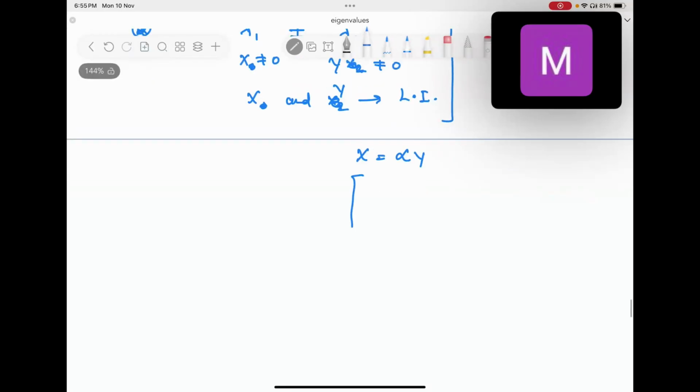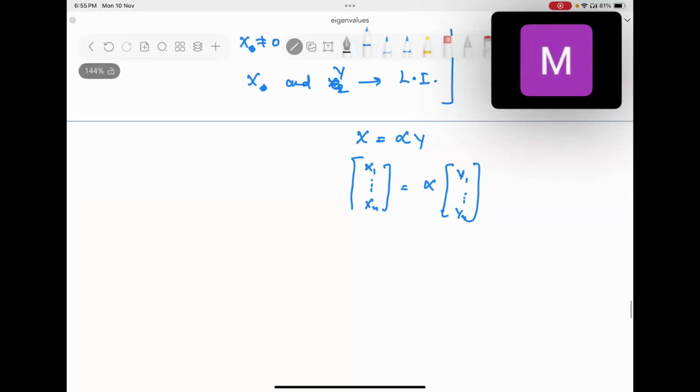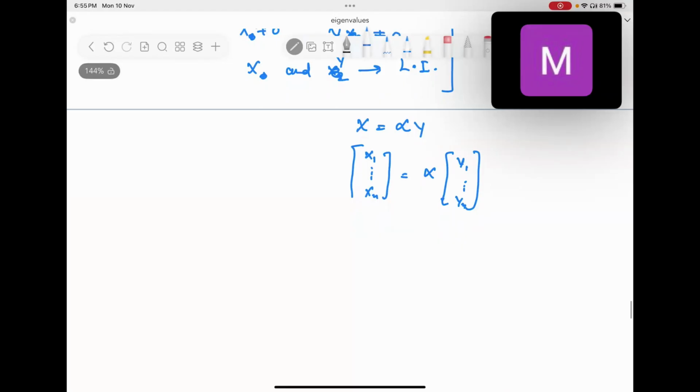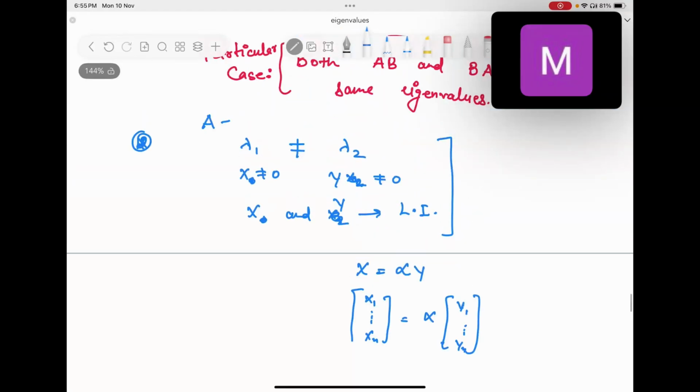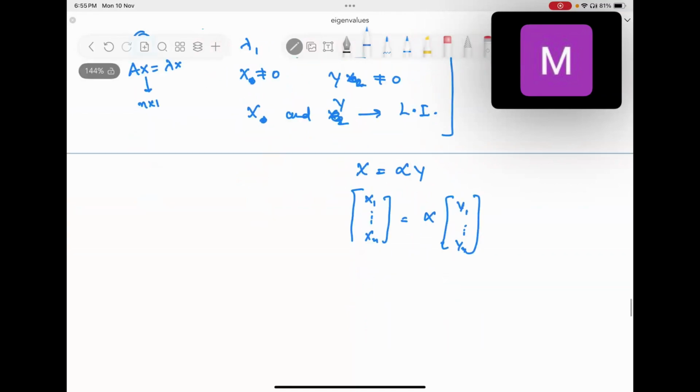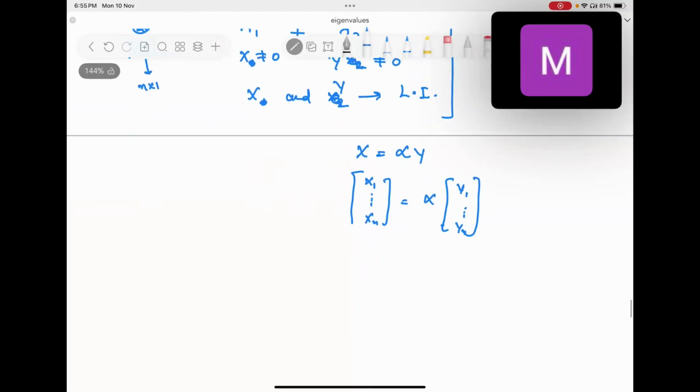So x1 to xn equals alpha times y1 to yn. Because A is an n cross n matrix and we are doing Ax equals lambda x, we are taking these n cross 1 vectors. So x means x1, x2, ..., xn, and y means y1, y2, ..., yn, right?